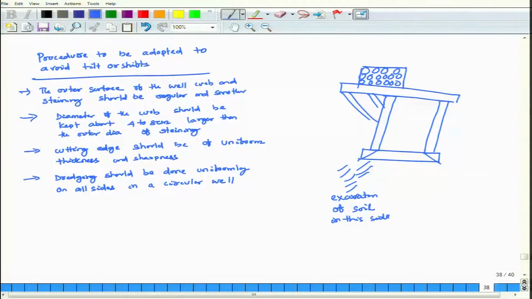Particularly what you are doing is eccentric loading applied, then a suitable platform has to be constructed on the higher side.